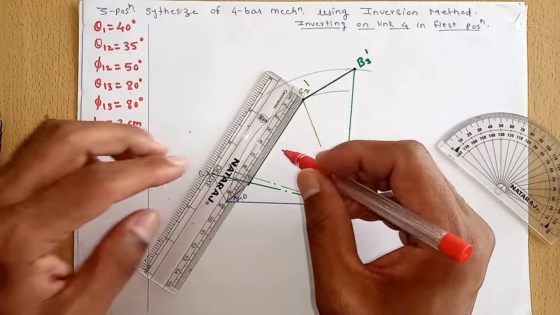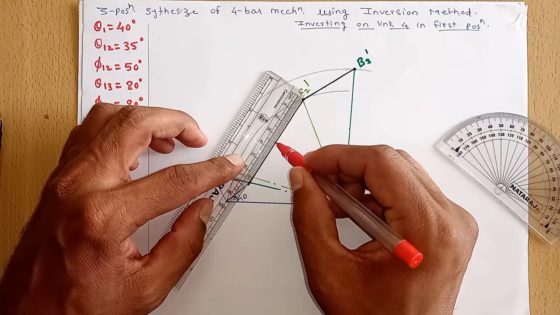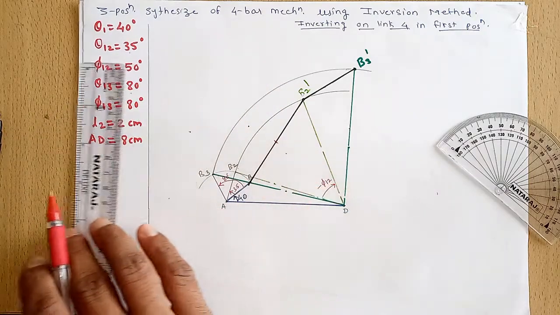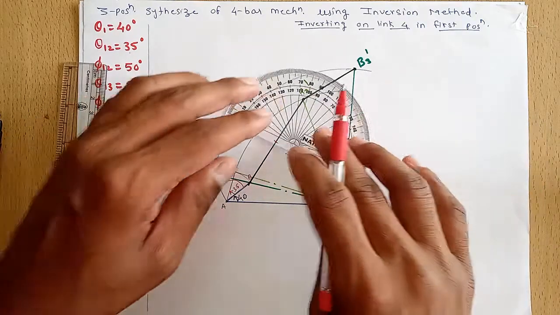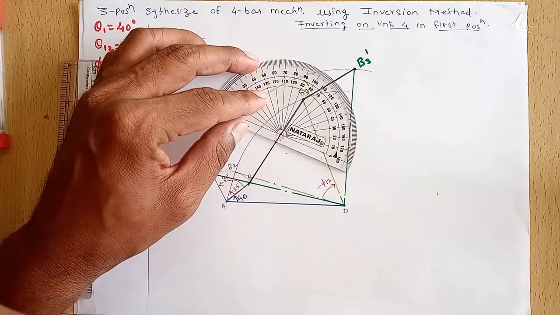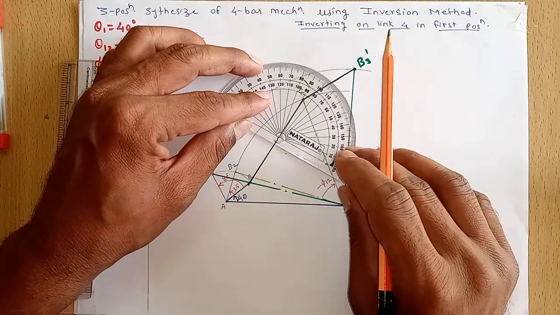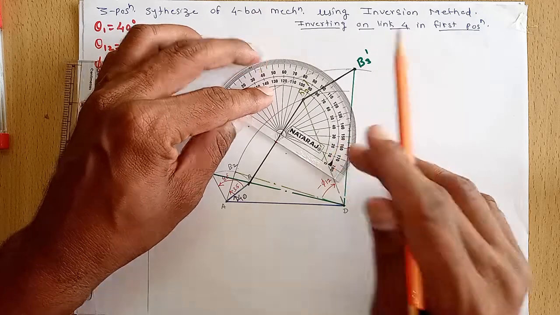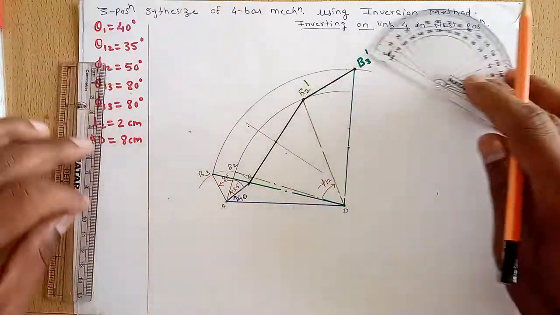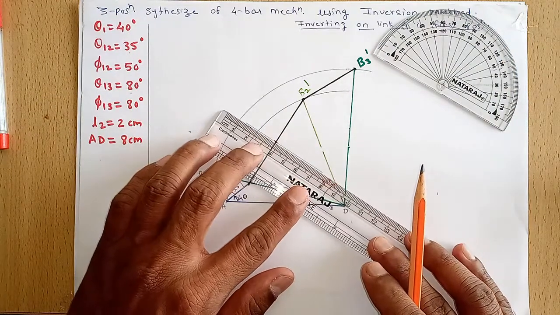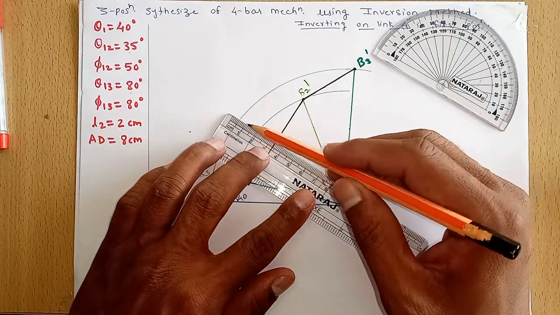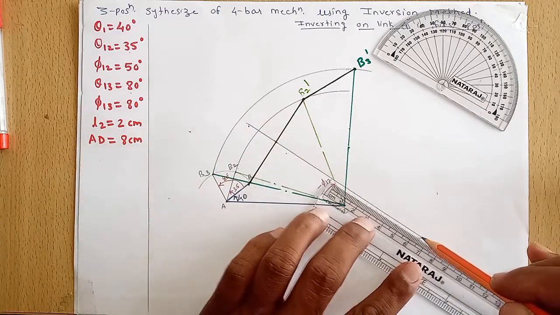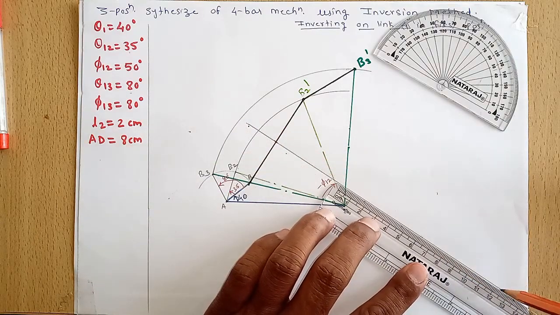So the center of this line lies at 34 mm. Now we draw one perpendicular at this midpoint of this line. We'll extend that perpendicular. This is the mid normal to chord B1 dash B2 dash.